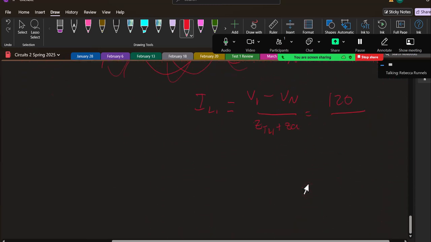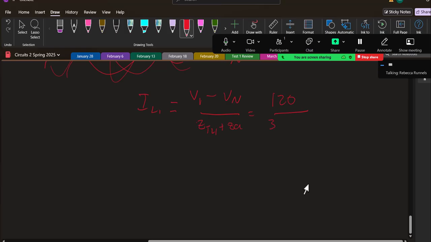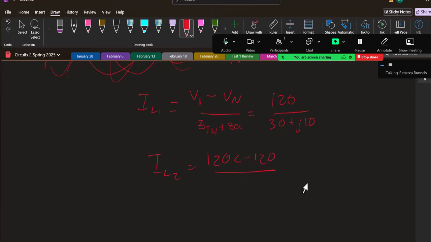Adding those together, I get 30 plus J10. IL2 would be 120 angle negative 120 over 30 plus J10, and IL3 equals 120 angle positive 120 over 30 plus J10.